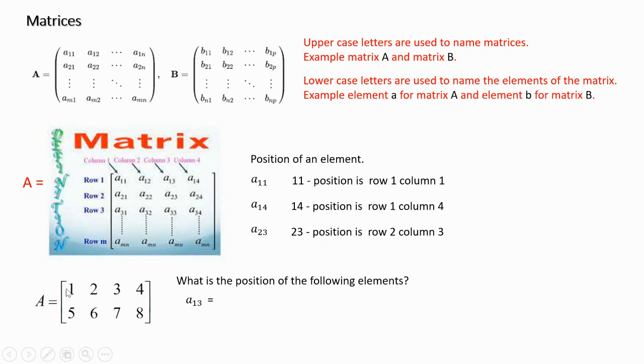Very good, because this is the first row and third column. How about a24? What do you guys think? The answer is going to be 8, because it is the second row and fourth column. These are called the positions of the elements in a matrix.